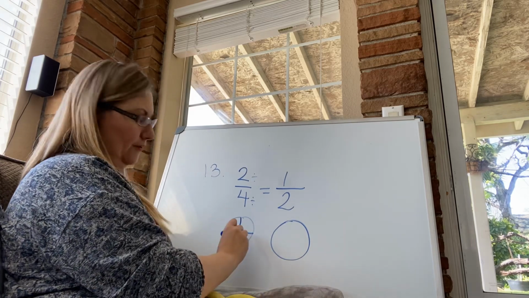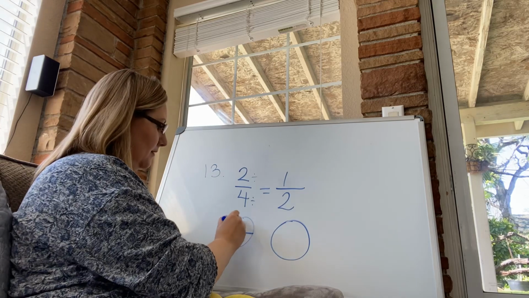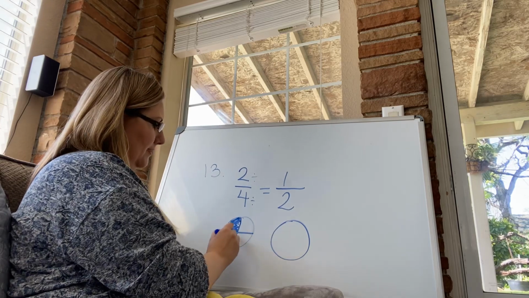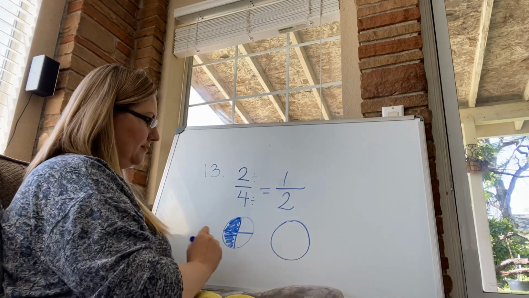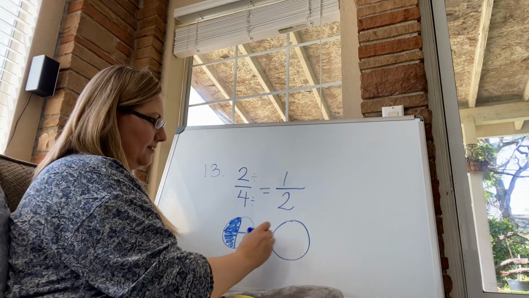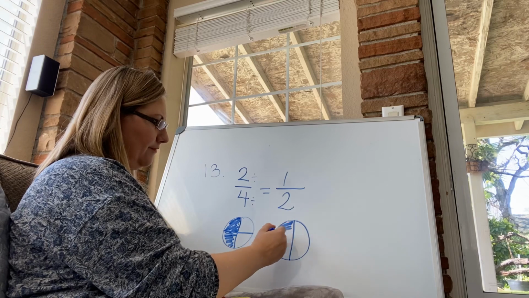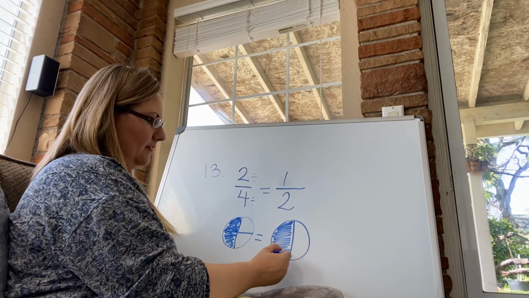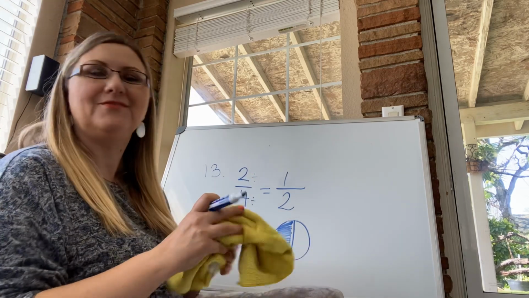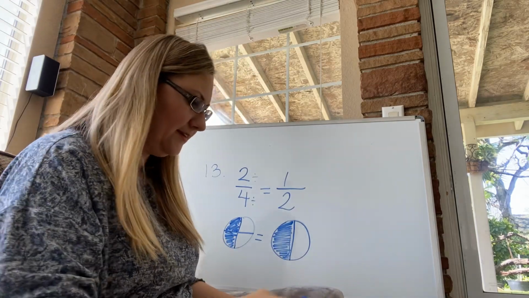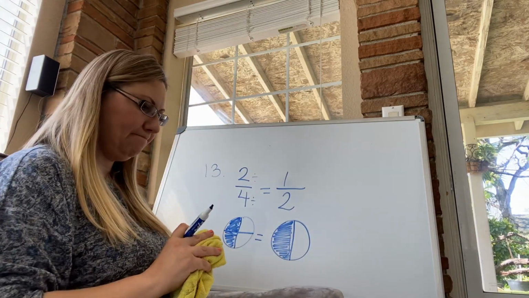Here we have the first one cut into fourths, and we have 1, 2 fourths, and this equals the same amount of shading as a half, right? So that completes number 13.